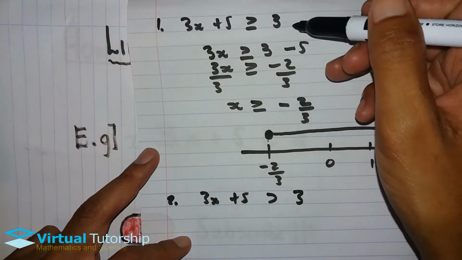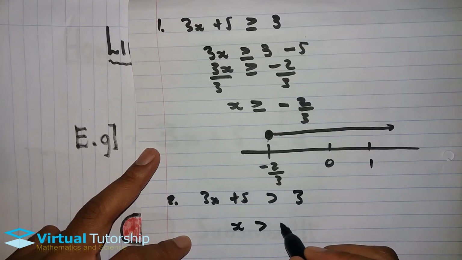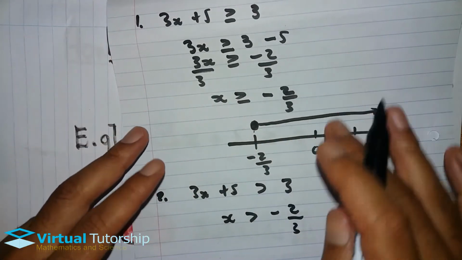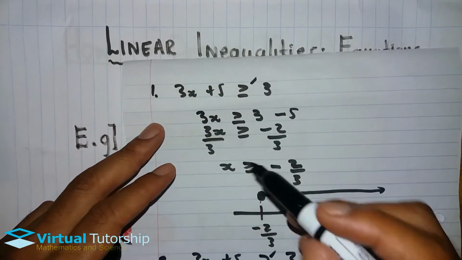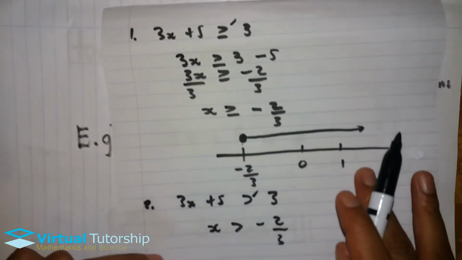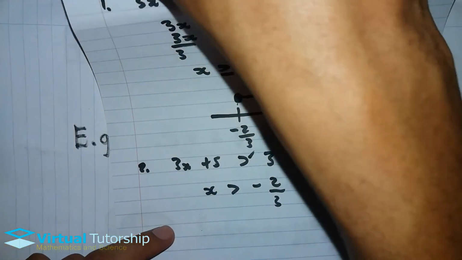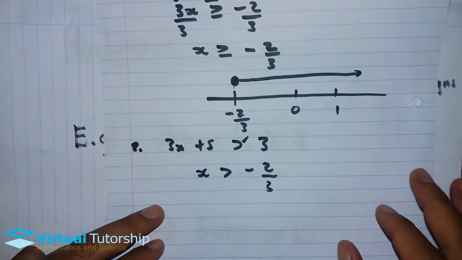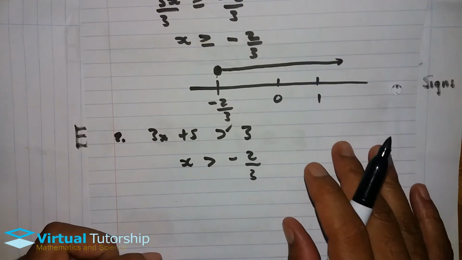So uma ngizoyisolva ngizothola x greater than minus 2 over 3. Anyway, it's the same thing, just the change here is the inequality sign. La it was greater or equal to, la is just greater than. So isolution ithini, ithi x wami is greater than minus 2 over 3.